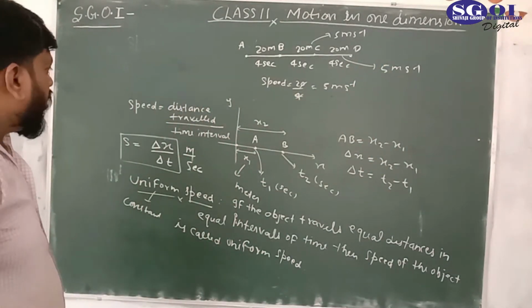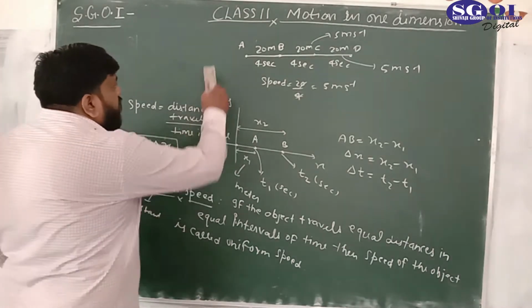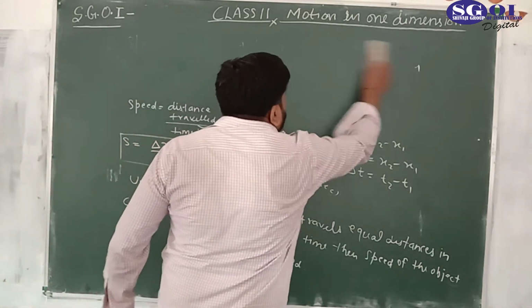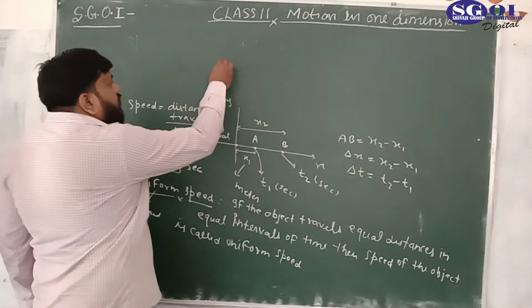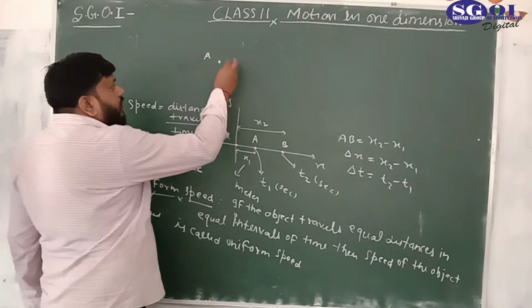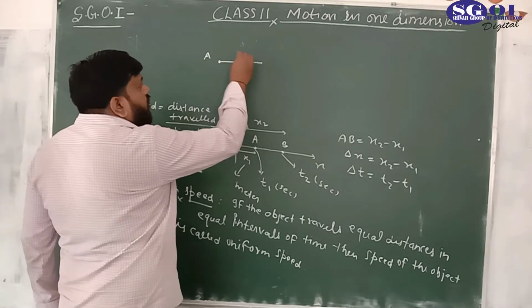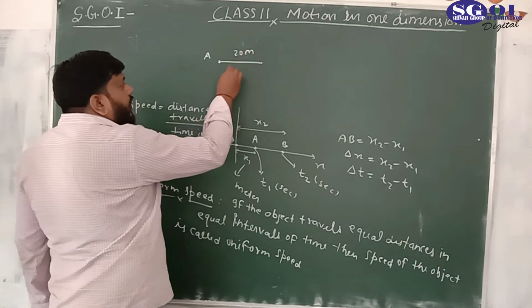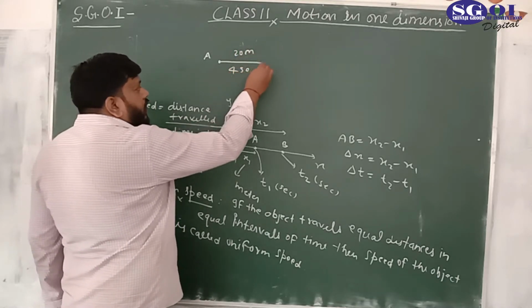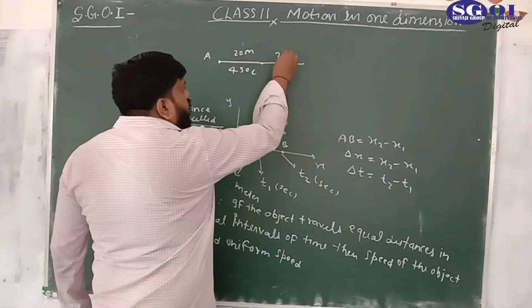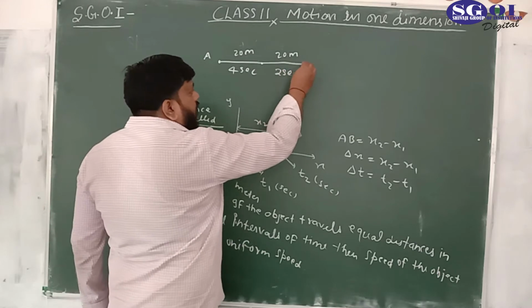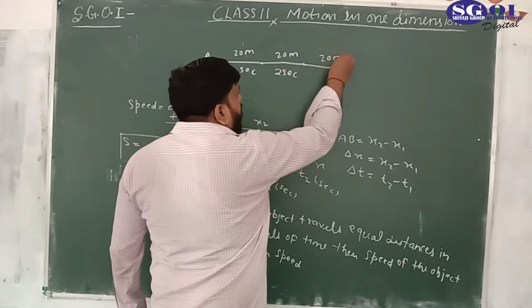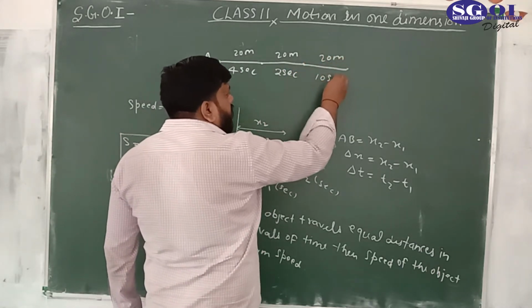Okay, now we are going to talk about non-uniform speed. Suppose the object moves 20 meter and takes 4 seconds. Again it moves 20 meter and takes 2 seconds. Again it moves 20 meter and takes 10 seconds.